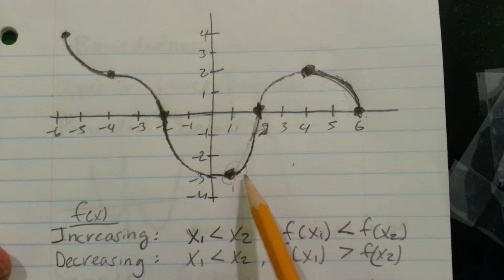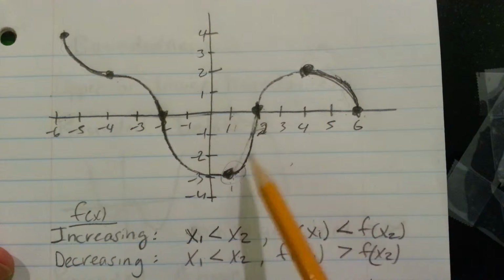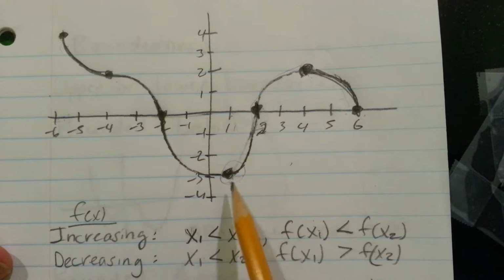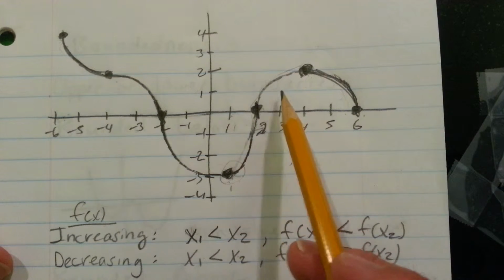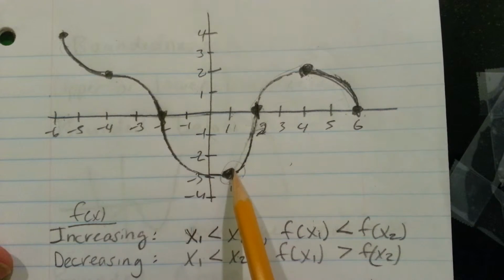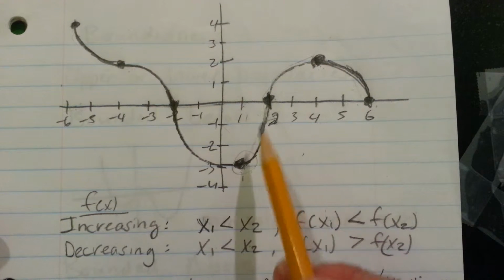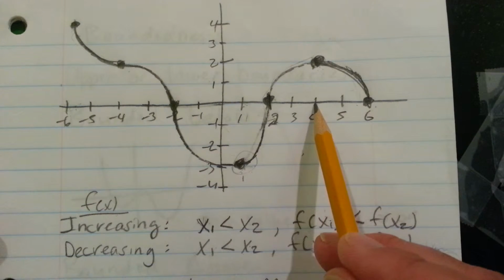So this output here is less than this output. So that's an increasing function. As we go left to right, if your y values go up, you're increasing. If your y values go down, you're decreasing. Notice we're increasing on the interval from 1 to 4.